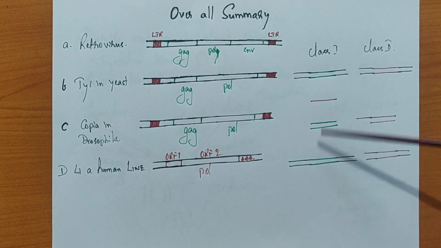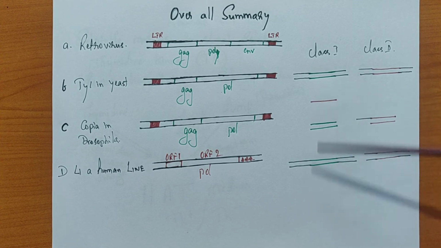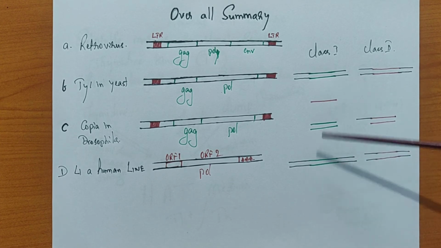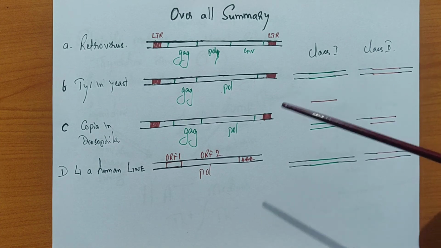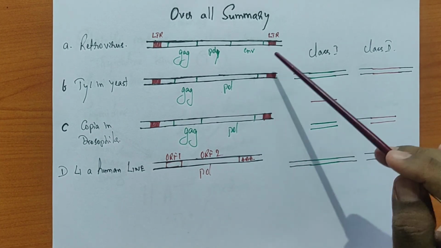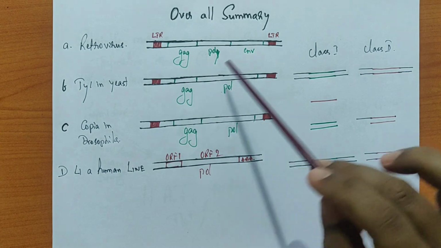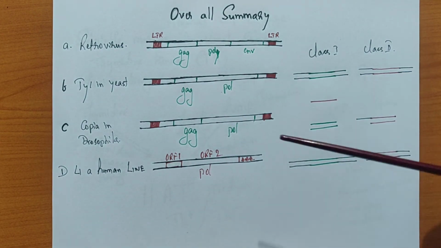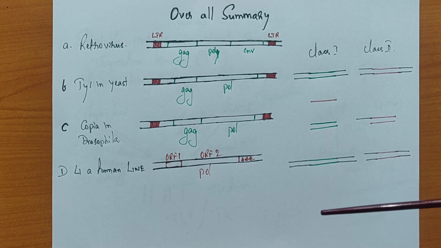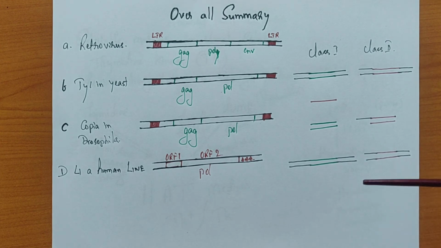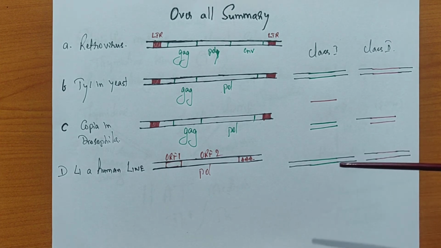So now you know how these transposable elements originated, and how structurally they are very much similar to a virus. The only thing is the envelope protein is missing, but all other components are there, so that it can multiply, but it cannot be encapsulated into the capsid or the head and tail, whatever we are going to discuss.